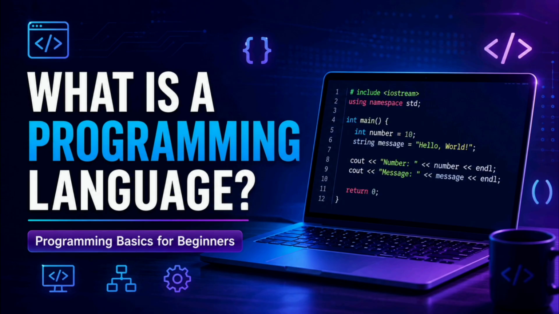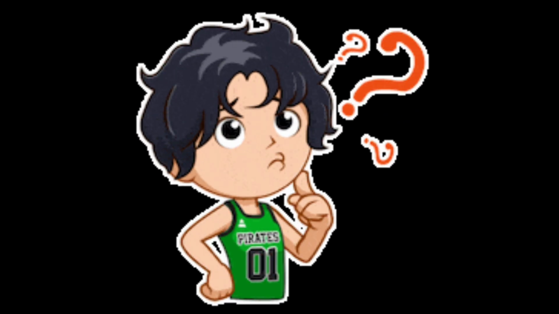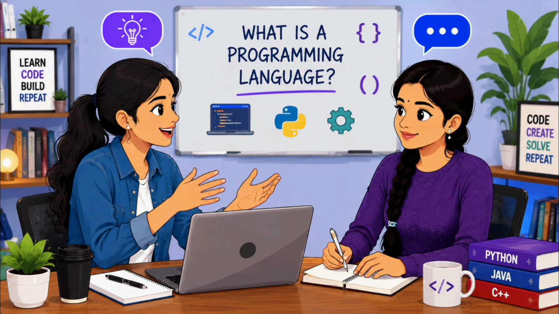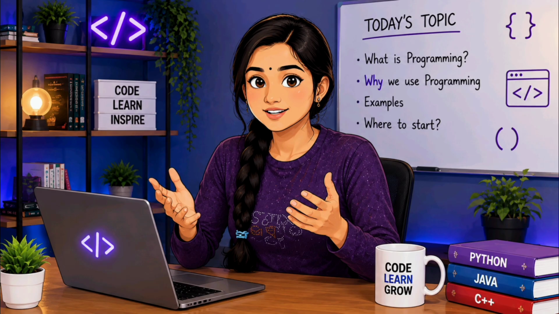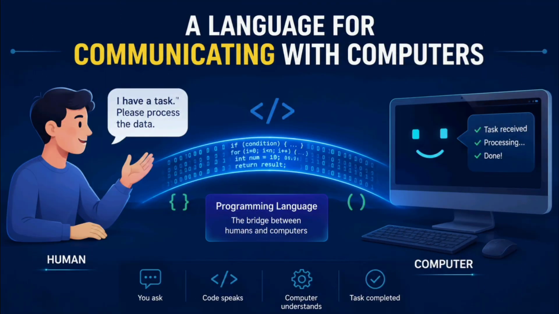Okay, first question, what is a programming language? Think about it this way: when we communicate with people, we need a language. For example, I am speaking in English and you are able to understand it. Similarly, when we want to communicate with a computer, we need to give it instructions in a language it understands.